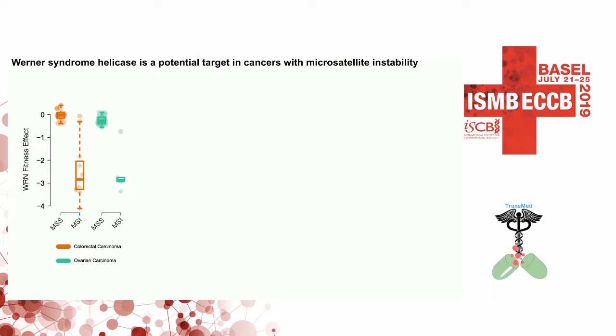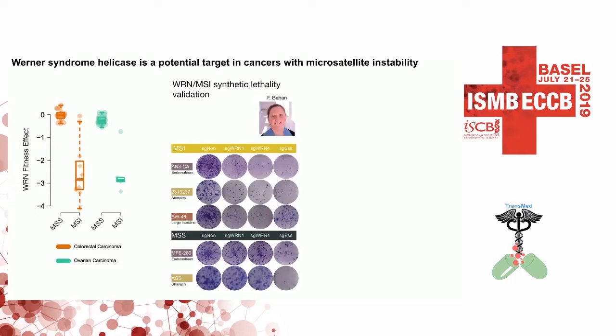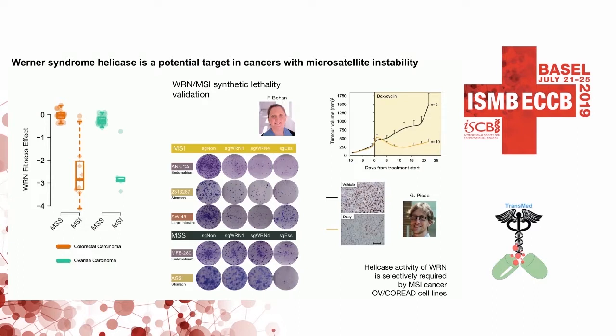So this gene is specifically essential in microsatellite unstable cell lines from ovarian and colorectal cancers. We proposed this as a new target for this subtype of cancers, and we further validated it experimentally with a clonogenic assay to prove that the effect is specific to MSI cancer. Then we put it forward for in vivo validation.